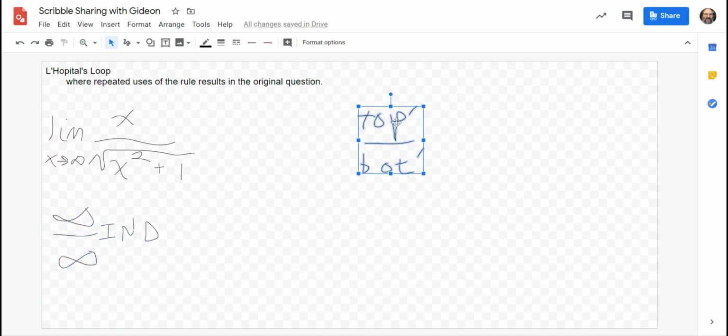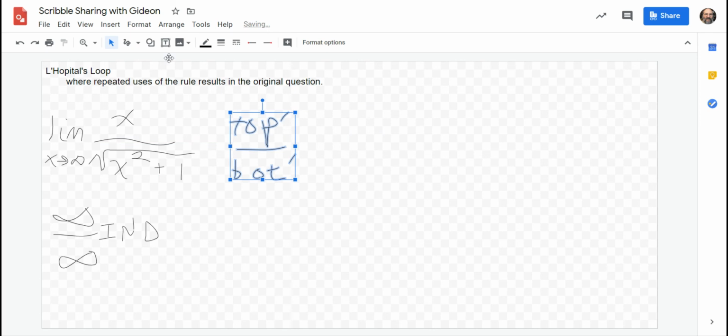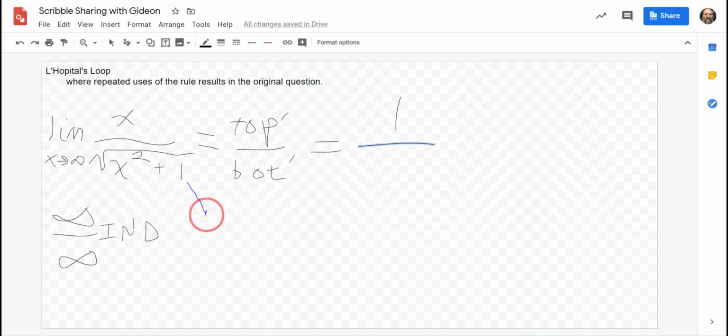We've confirmed we have an indeterminate form, and therefore we know that we can find this limit by taking the derivative of the top, and that's easy, that's 1. And oh goodness, the derivative of a square root. I'd better go off to the side, right? We're not going to be able to compute its derivative until we write the square root as a 1/2 power, the power rule. So here's x squared plus 1, and it's to the 1/2 power.